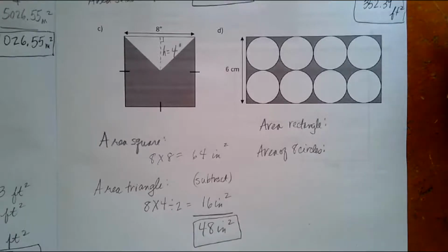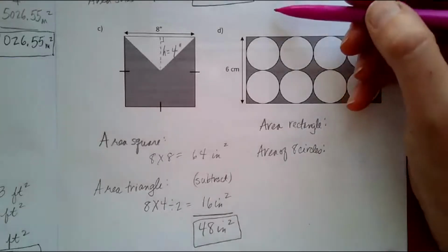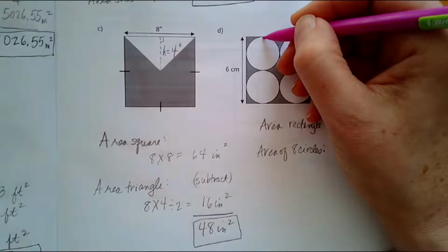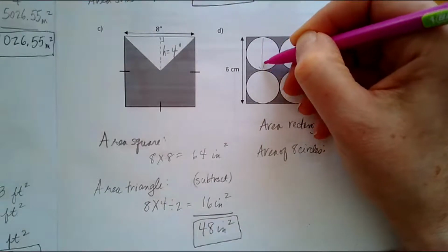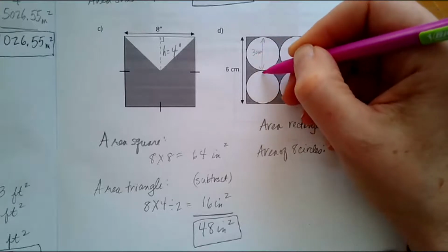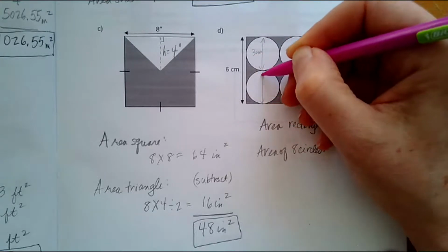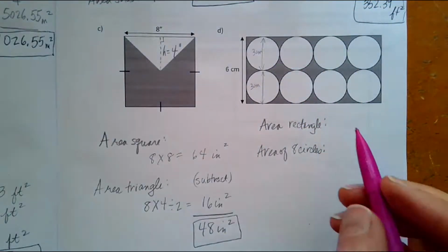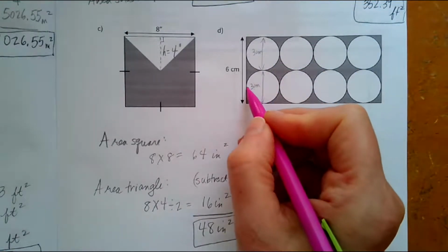Now, this seems a bit tricky until we kind of think about what circles represent. So if this whole distance is 6, that must mean the distance from here to here is 3, right? And the distance from here to here is 3. Well, that also means that the diameter of this circle, all the way across here, is 3, right?